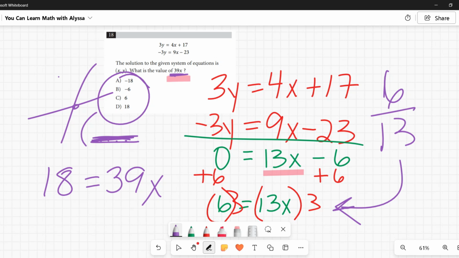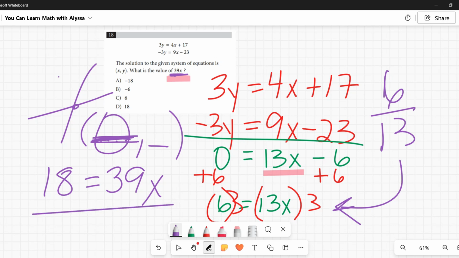but it won't be that exactly if you use a rounded decimal for this x and y. And that may cause a moment of confusion and go like, wait, did I get it wrong? No, it's just because you're rounding. When you do it this way, you find out precisely that it is 18.